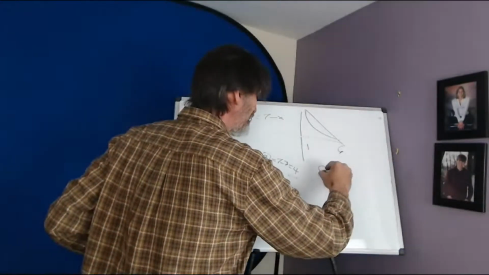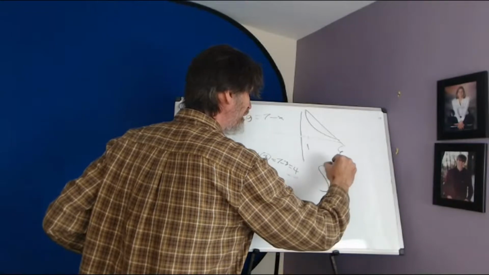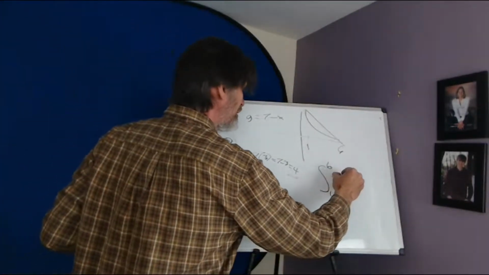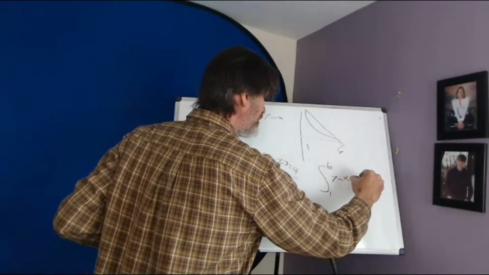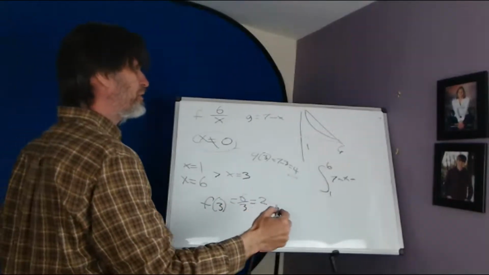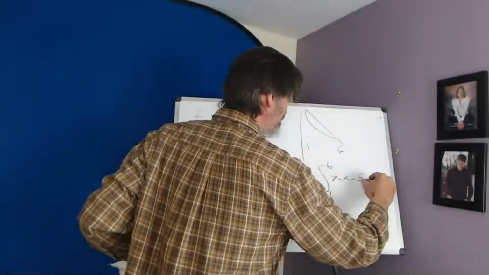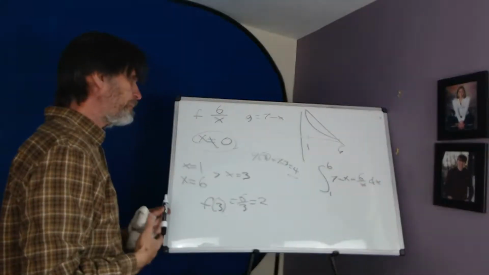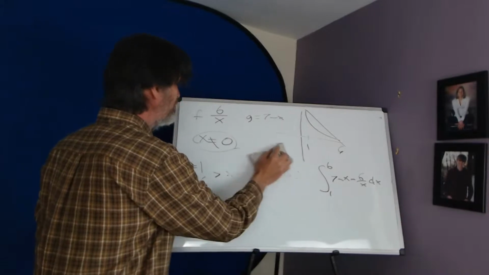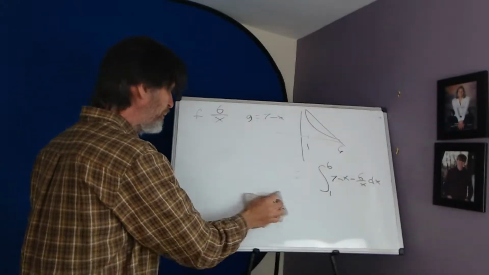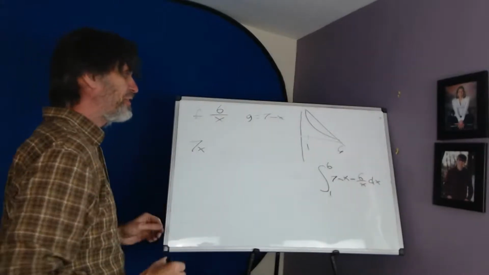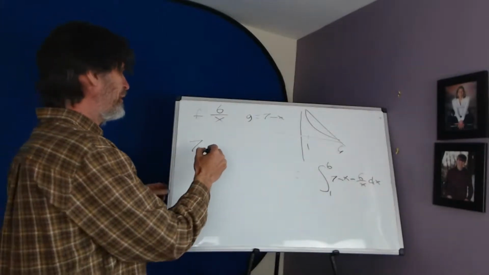So now my definite integral goes from 1 to 6. The bigger function, 7 minus x, minus the smaller function, minus 6 over x, dx. Without a lot of ado on this one, I should be able to come up with the antiderivative. 7x is the function that has 7 for the derivative.